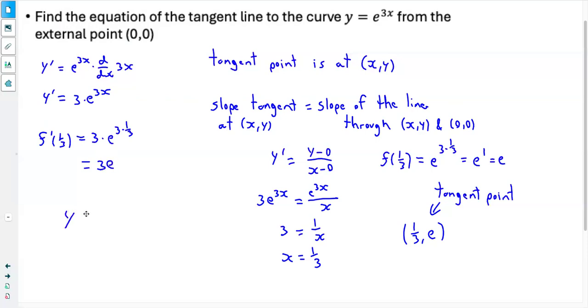So now we'll fill in our y minus y1 equals m times x minus x1. So that gives us y minus e equals 3e times x minus 1/3.